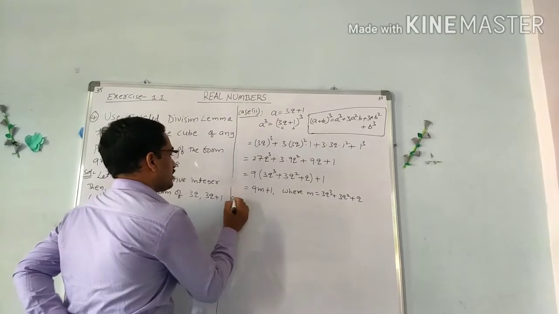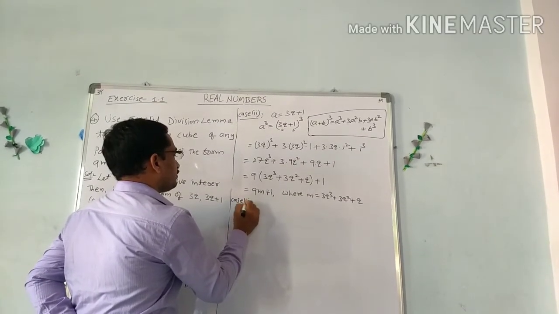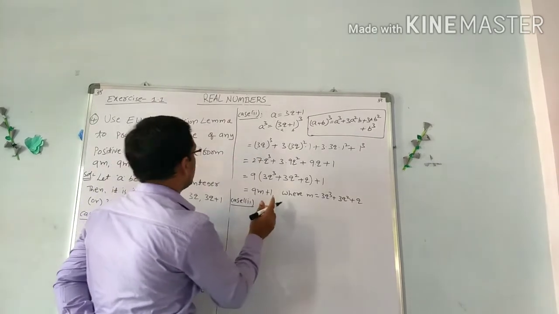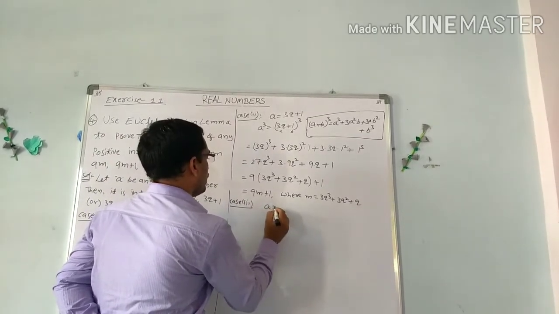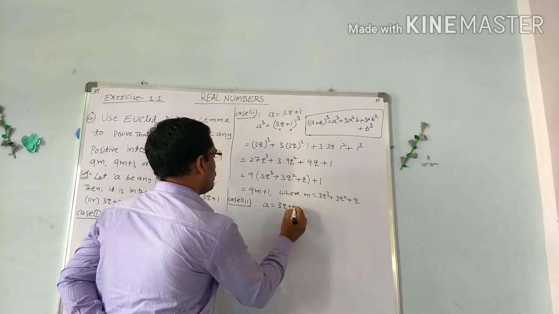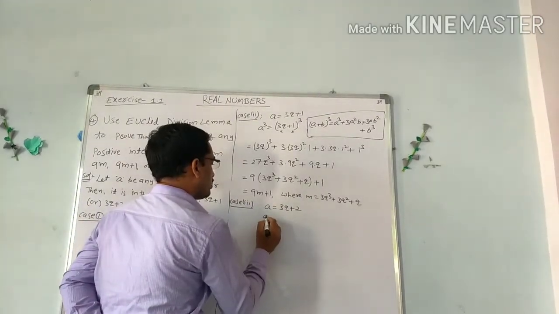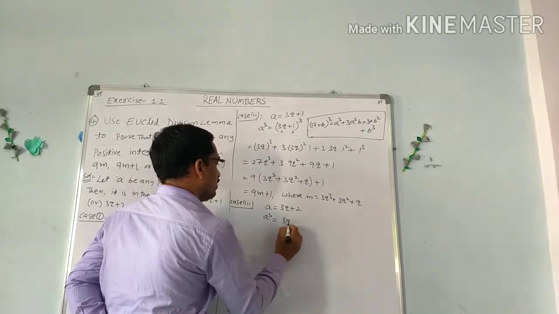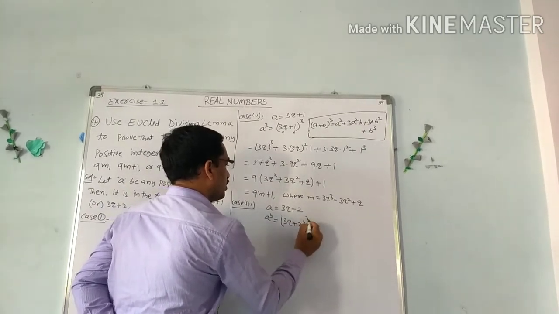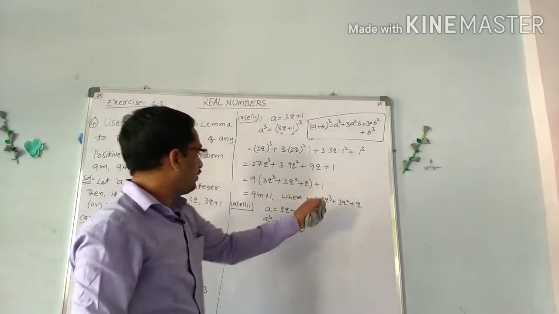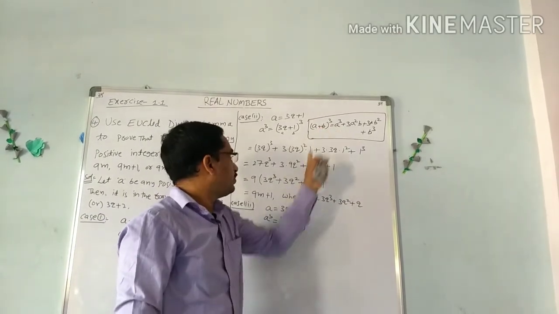Now the last case, case 3, the same as the case 2 model. I am considering a equal to 3q plus 2. Same, cubing on both sides, a cube equal to 3q plus 2 whole cube. Again I want to expand in the a plus b whole cube form.